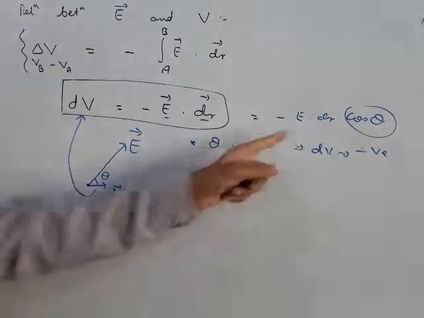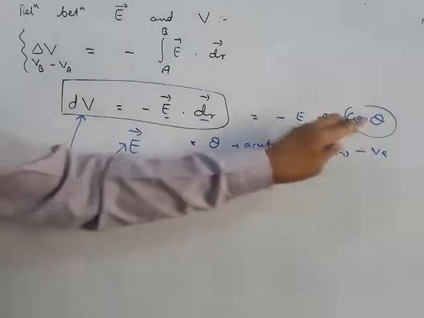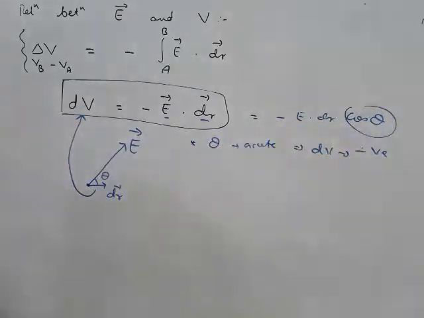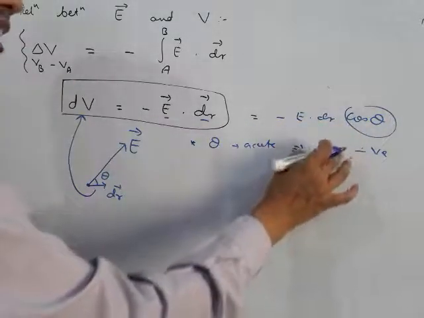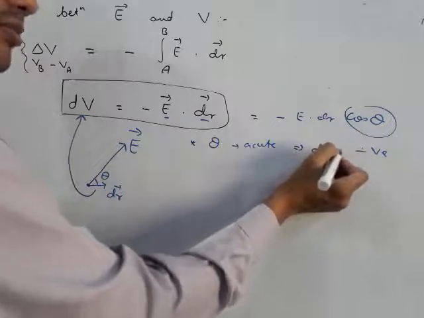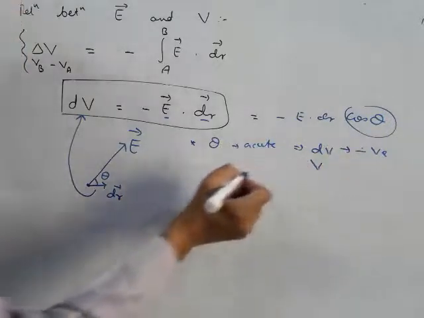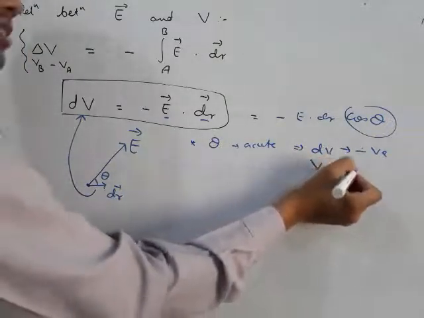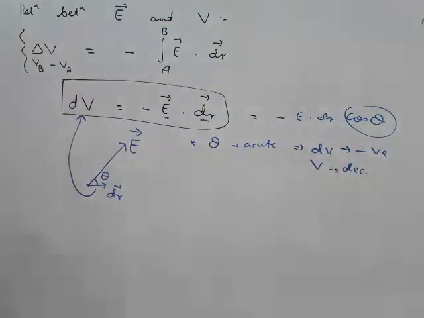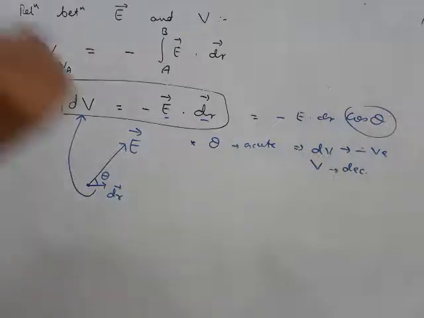If theta is acute, cos theta will be positive, and that's why this term will be negative. What is the meaning of this? dV is negative means potential will decrease. dV is change in potential. When is change negative? When that parameter decreases in its value.